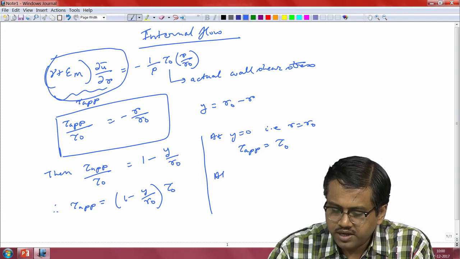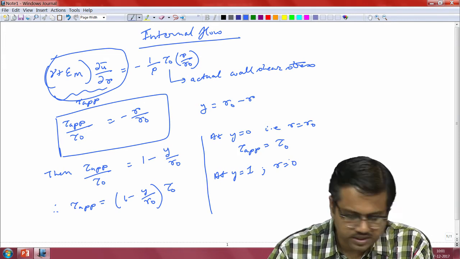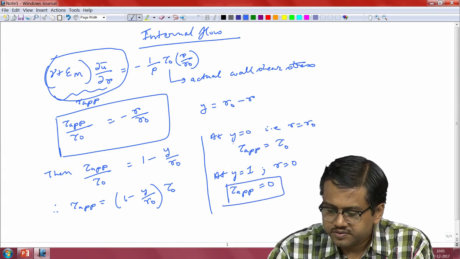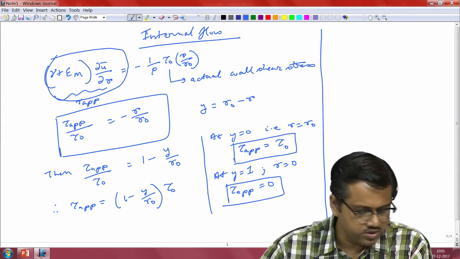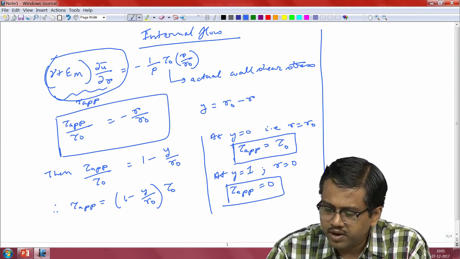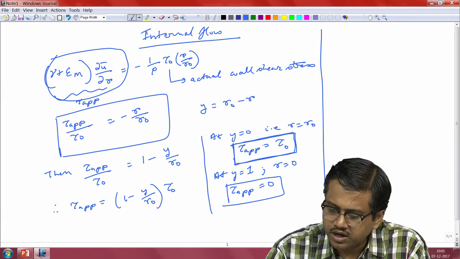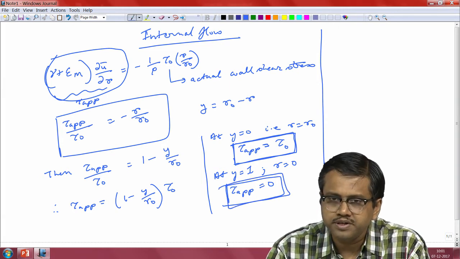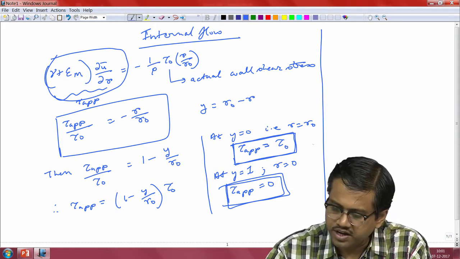At y equal to 1, where r is equal to 0, the tau apparent is equal to 0. So, these are the two important things. At y equal to 0, you have the tau apparent the same as the tau wall, and at y equal to 1, the tau apparent vanishes. So, these are what we call the linear variations.